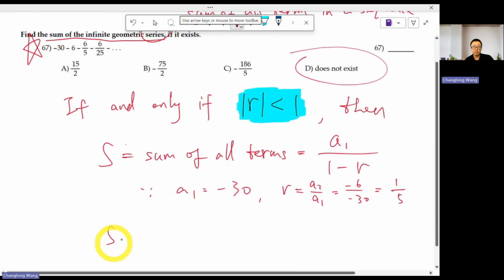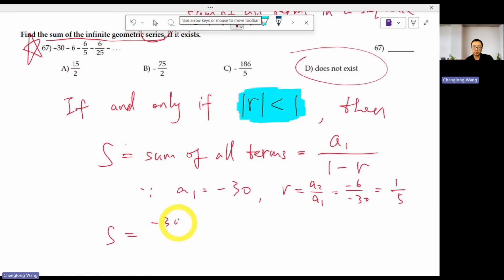Right, so you just plug in. So negative 30 over 1 minus 1/5. Now, if you type it in the calculator, then you get it, right? Or you have to do 4/5.